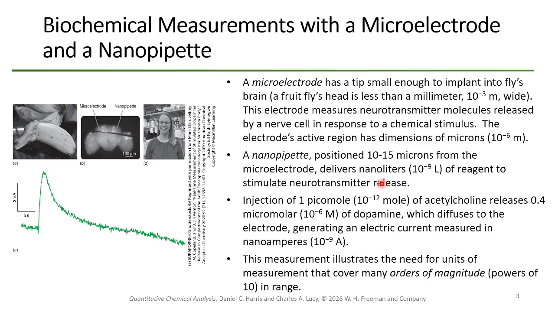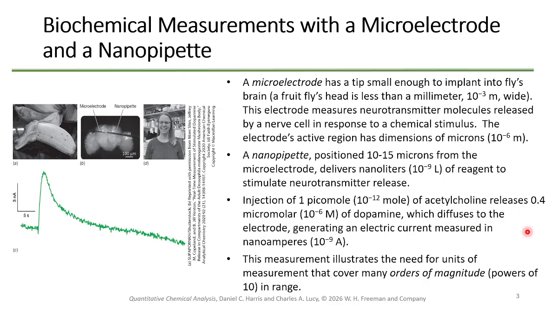It's going to deliver nanoliter samples, so 10 to the negative 9th liters of various reagents. These will be used to stimulate the neurotransmitter release. And so you can put tiny portions of different samples, substrates, and find out which one causes the responses. Okay. The injection of 1 picomole, 10 to the negative 12th mole, of acetylcholine releases 0.4 micromolar, just 10 to the negative 6 molar, of dopamine.